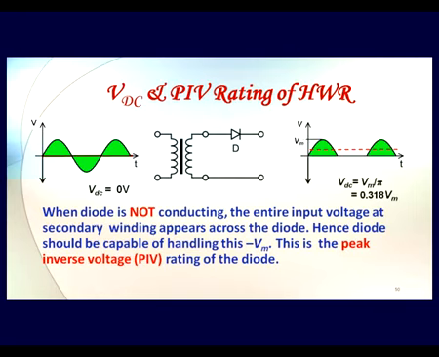As I told you, when the diode is given a particular negative voltage, after a certain high voltage it undergoes breakdown, and it is an unrecoverable breakdown, and the diode normally gets damaged after that. So we should choose the rating of our diode in such a way that it will not break down even with a particular negative voltage across it, and that is called the peak inverse voltage.